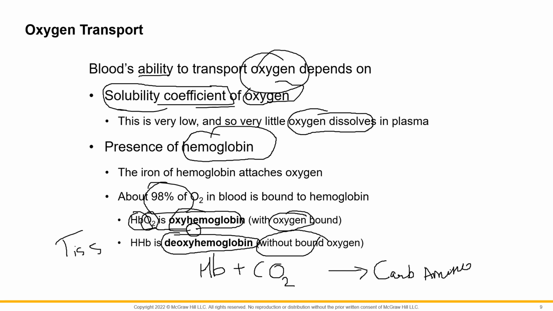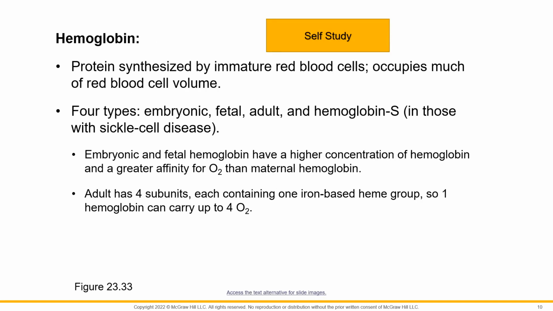Now, although carbon dioxide is coming out of the tissues with less pressure, it has a higher solubility coefficient, which is why carbon dioxide can travel as carbon dioxide gas in your blood.